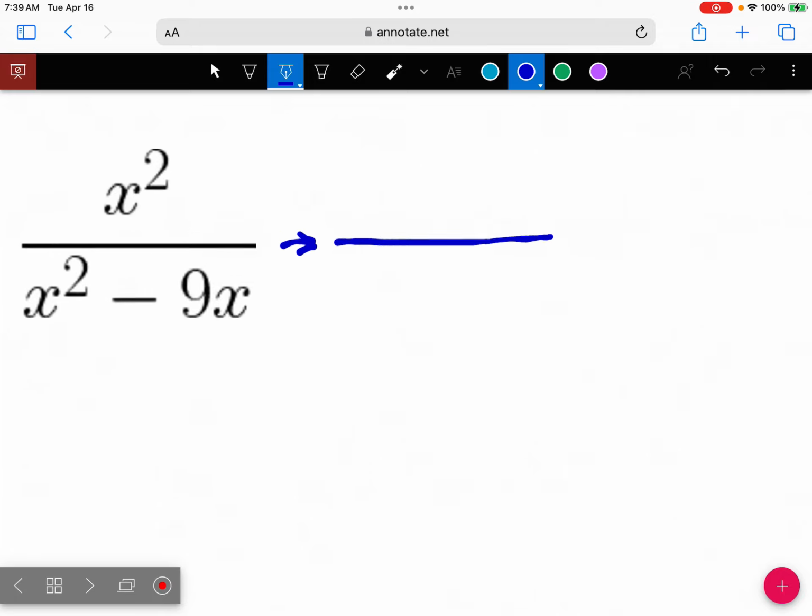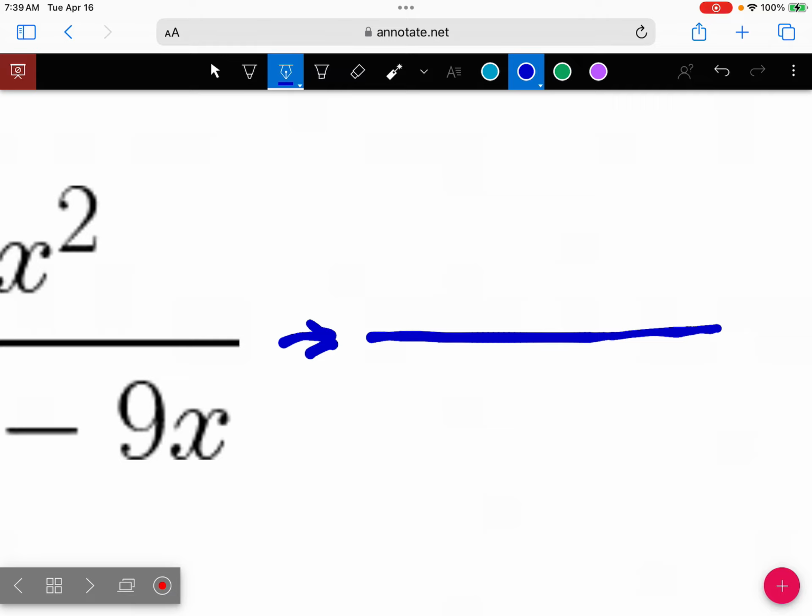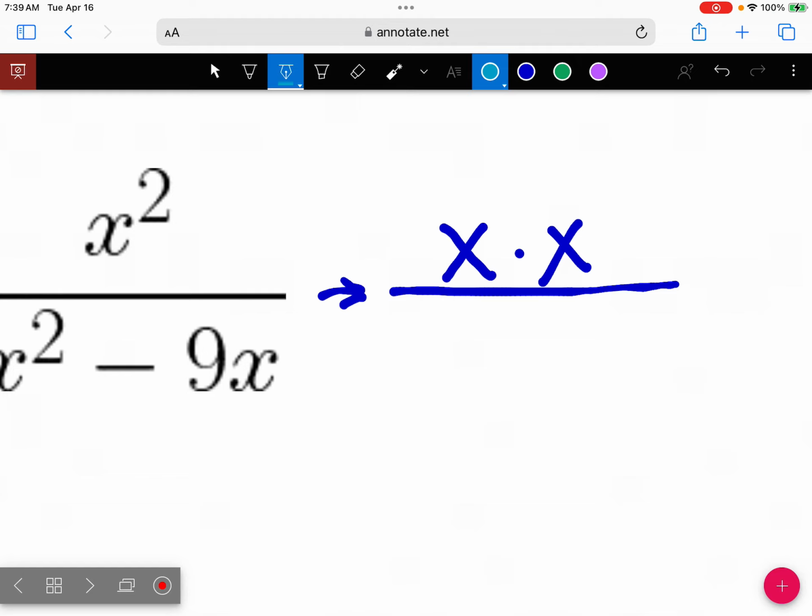All right, in my numerator, when we just have an x squared like this, I can't really do anything, but we know we're trying to simplify stuff out, so I'm actually going to write this out as x times x. It makes it easier sometimes when we're canceling things out. Because in my denominator, what can we do to simplify? I have a GCF here of x.